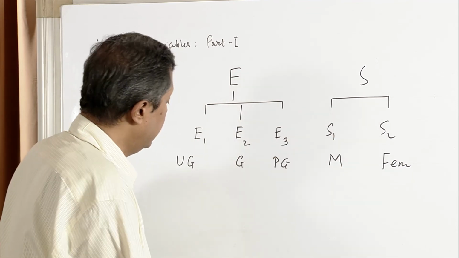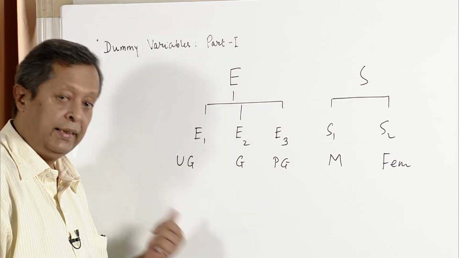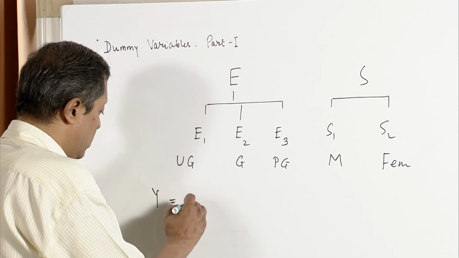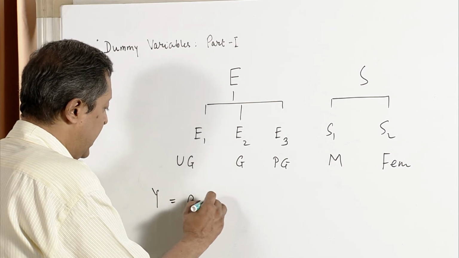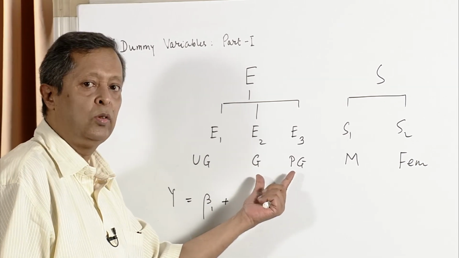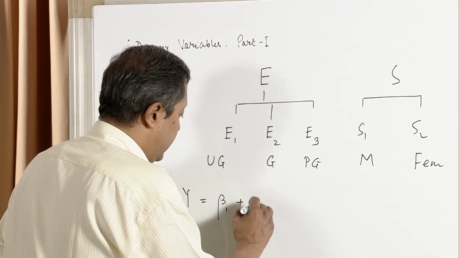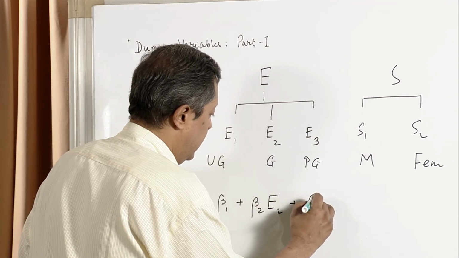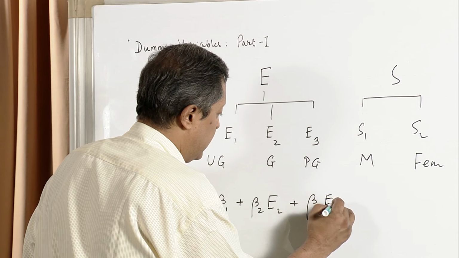As earlier, if we incorporate an intercept term, then the model would be like y is equal to beta 1 plus, remember we have to avoid the dummy variable trap. So, we take only 2. So, we take beta 2 E2 plus beta 3 E3.